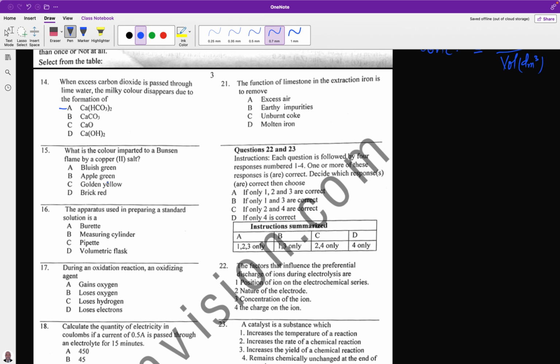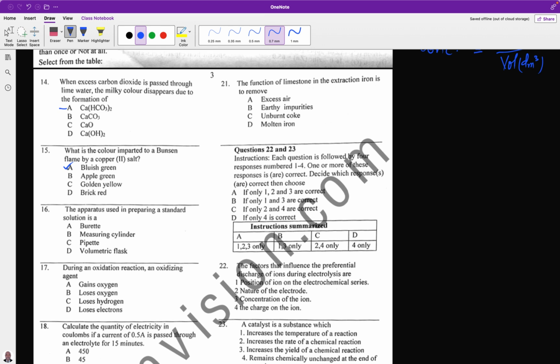So for this purpose, based on the question, we will say the color imparted to a Bunsen flame by a copper 2 salt will be a bluish green. So the answer is bluish green, since it is only a copper 2 salt.